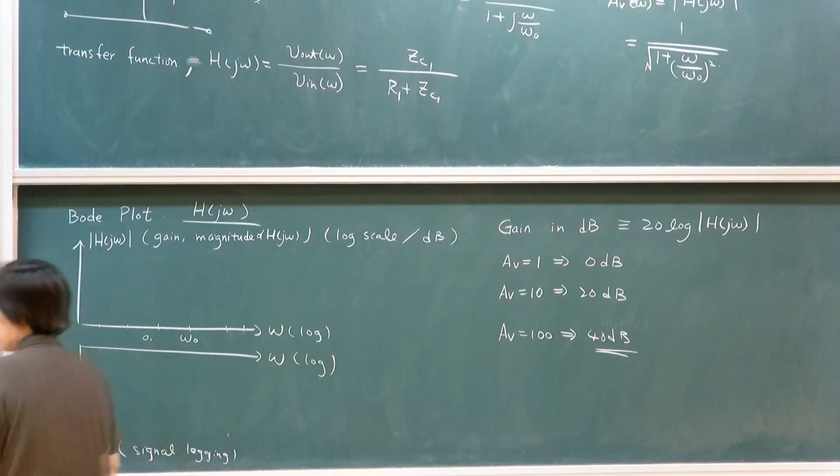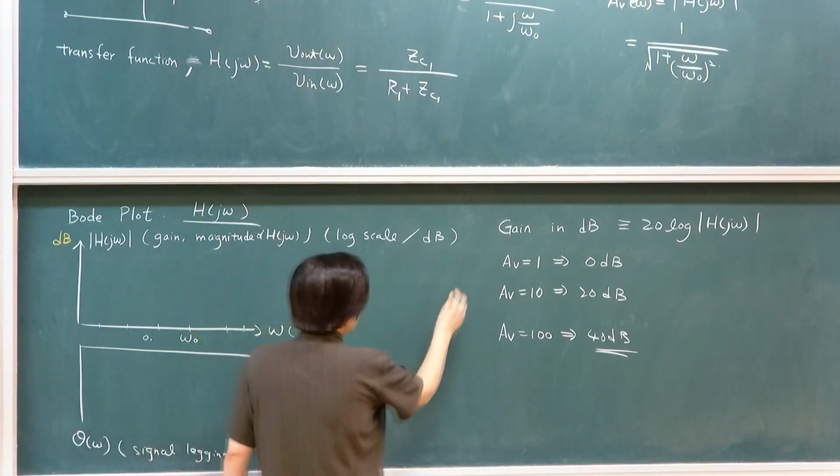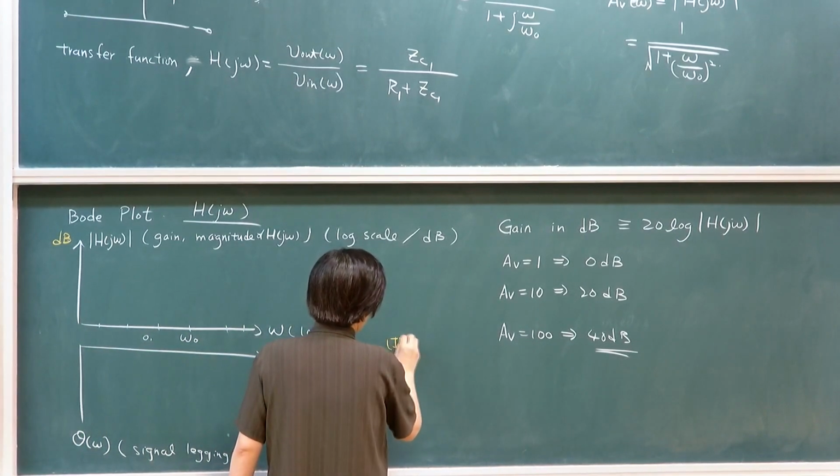So if you want to do the plot, we can actually start doing the plot. Let's say I'm using dB instead. Typically what you do is you look at the corners, so you look at the boundaries.